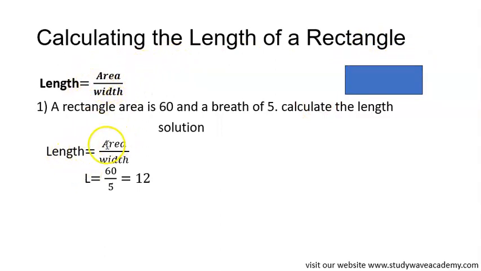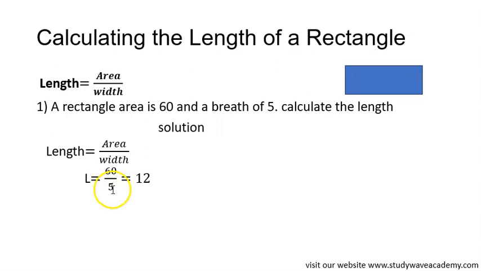So length equals area over width. We input our numbers into the formula. The area here is 60, right? So 60 over the width, which is 5, which is also the breadth. Okay, remember I told you width and breadth is the same thing. So it's 5. So L equals 60 over 5.